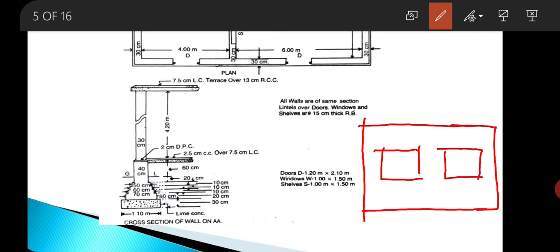These are the two rooms and this one is the center line of the building.